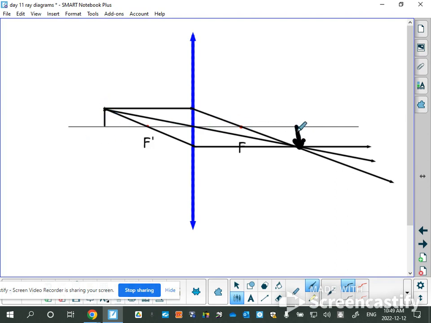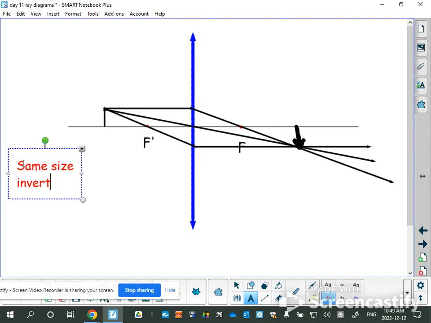distance should be the same as this, because I actually put my object on twice the focal point, which always creates the same characteristics. So my characteristics should be same size, should be inverted because you can tell it's upside down. Remember that these meet at the top of the image, and if that's below the principal axis, I will draw the arrow down to that point.